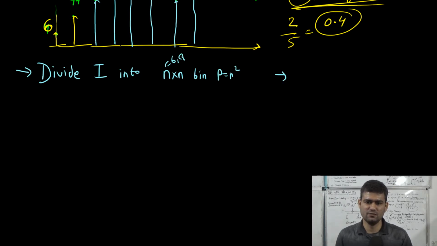In CLAHE as well, we have the same step: divide I into p equal to n square bins, n square grids. We divide the image into n cross n grid.